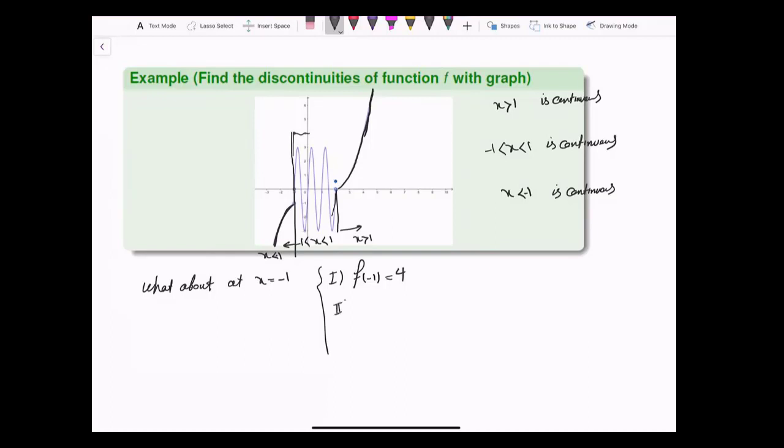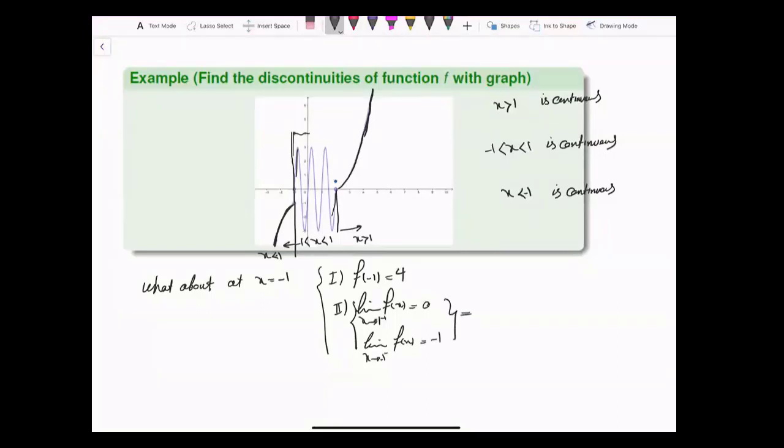Second condition, how about the limit of the function as x approaches negative 1? What you see from the positive side and negative side, they are different. So instead of checking that, I will check the right limit, which is 0. This is one of the examples we did before, so I can go a little bit quicker. And the left limit is negative 1.